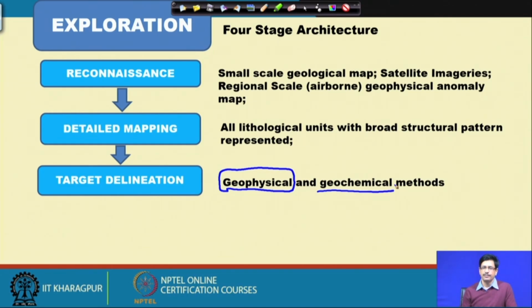So, we need to delineate to understand, or to work out, the disposition of the ore body in the subsurface, to ascertain its size and the parameters which we want to know, and the most important aspect will be to understand the geometry of the ore body.